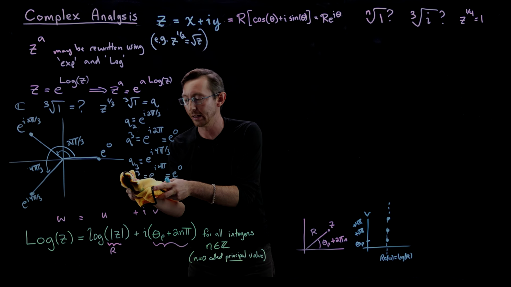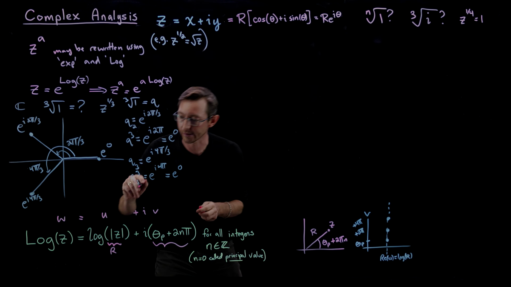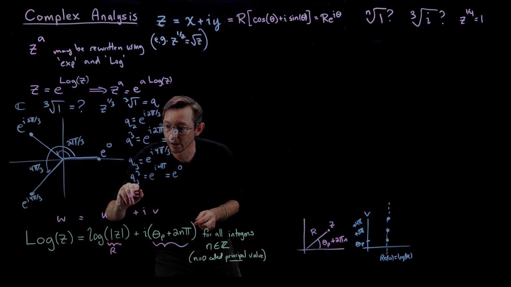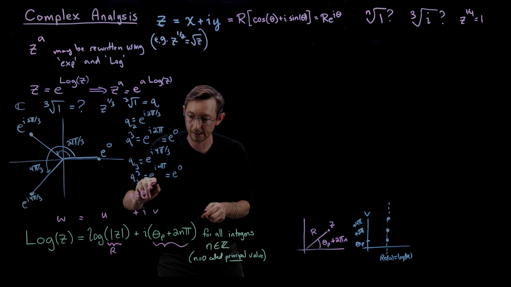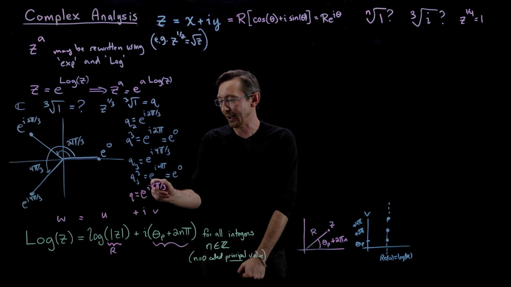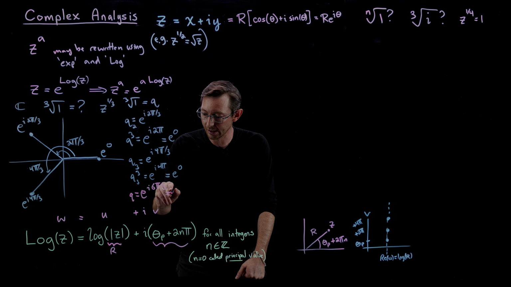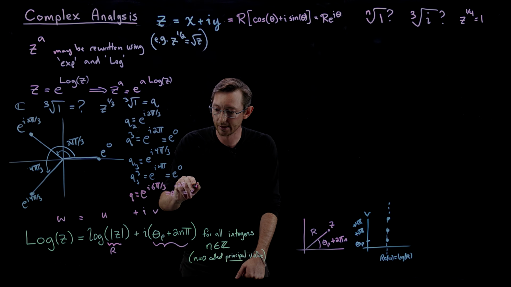And the reason I can't do it again is because, I'll write it in red because it's an invalid solution, if I said q equals e to the i, let's try to do 6 pi thirds. Well, what is e to the i 6 pi thirds? That's just e to the i 2 pi, which is e to the 0.